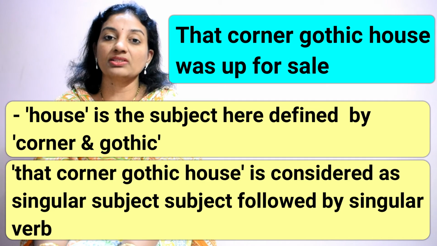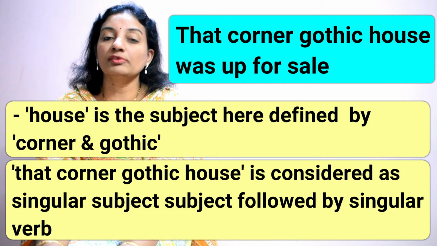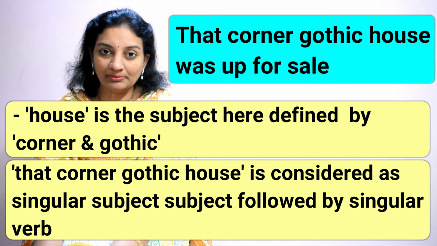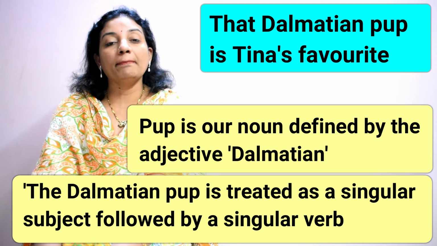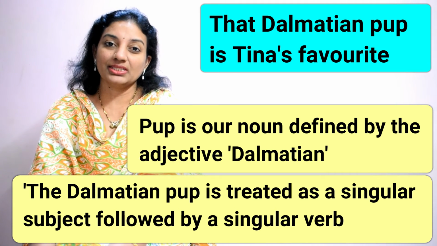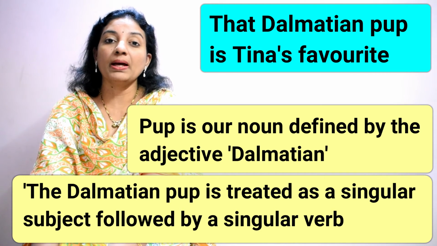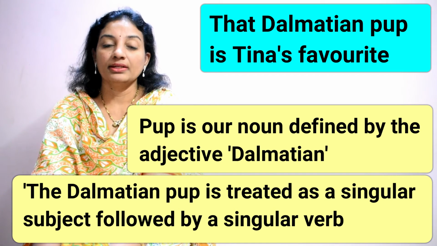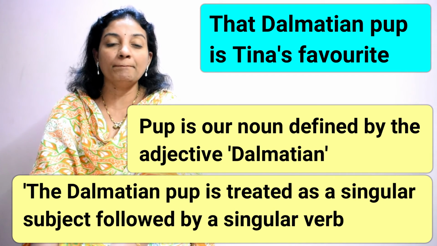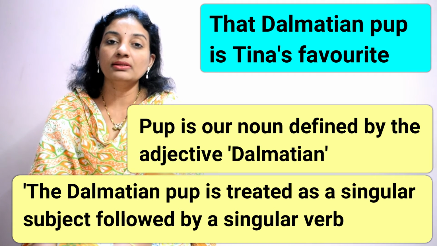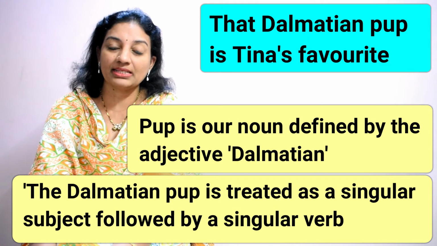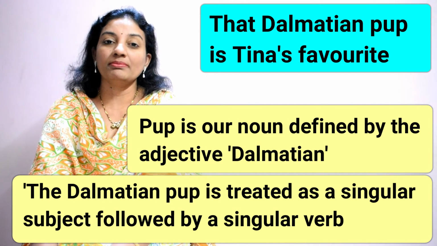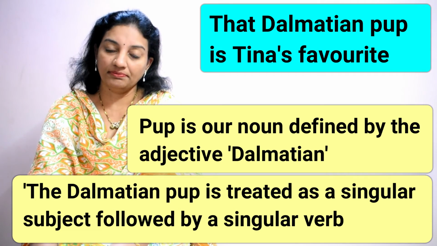Singular subject house, singular verb was. Am I clear? The Dalmatian pup is Tina's favorite. Dalmatian is an adjective over here. Pup is the noun in this noun phrase. Singular noun pup and is, singular verb.